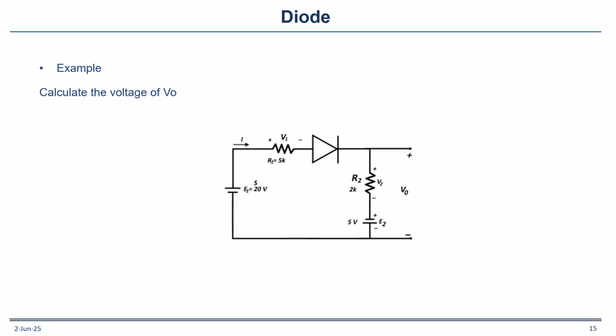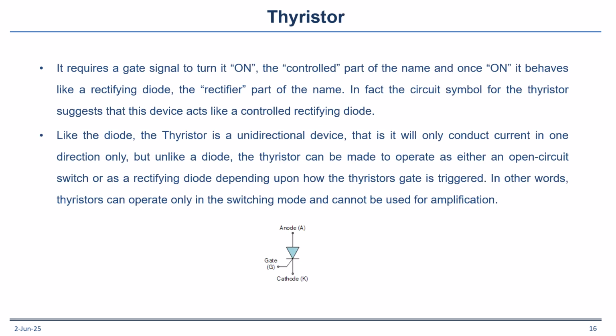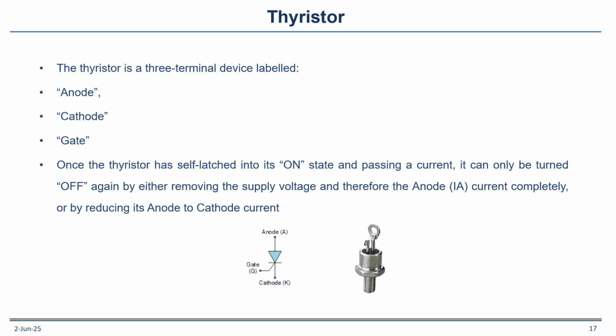And here we have an example where you want to find the output. Because the direction is from here, we can just remove that diode. As you know, diodes cannot be controlled; they work only by positive and negative polarity. We have the thyristor, and the thyristor has a gate. It's exactly like a diode, but from this gate you can connect a switch, and by 0 and 1 you can make it open and close.